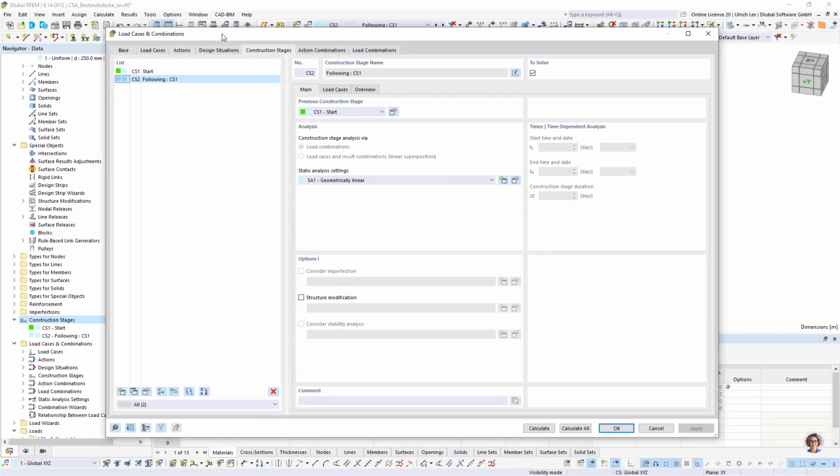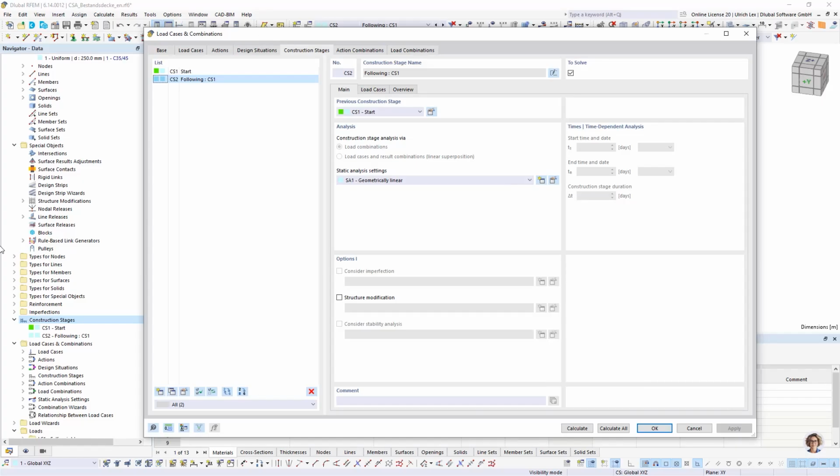When a construction stage is activated and some stages are created, then we have here a new tab, construction stage. Here it is possible to assign different load cases to the different stages. We want to start with stage 1.